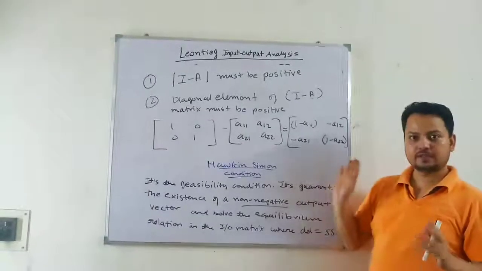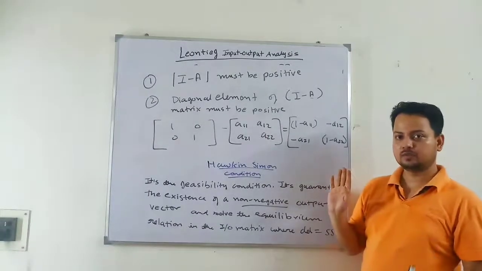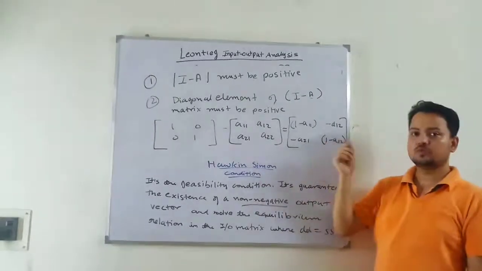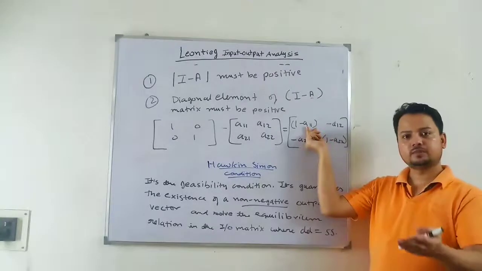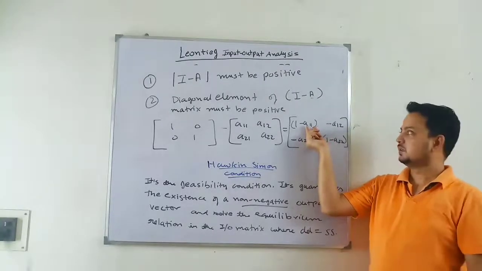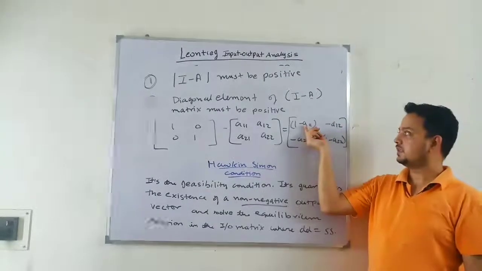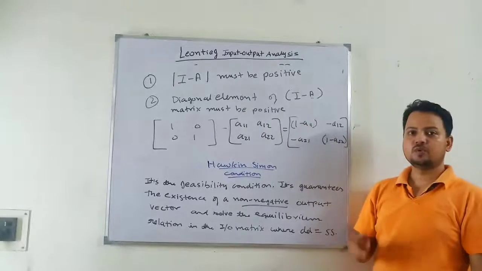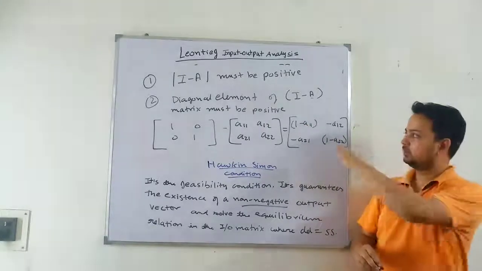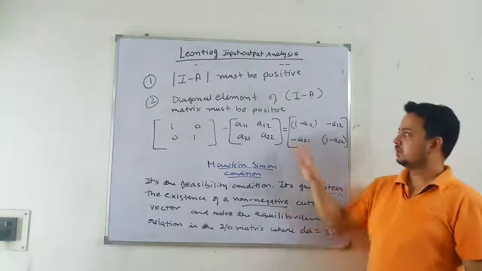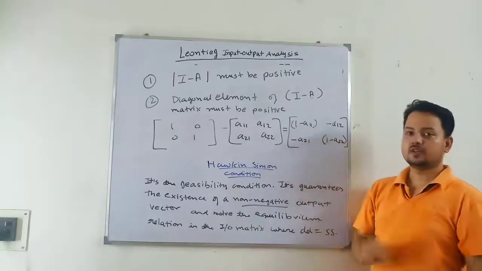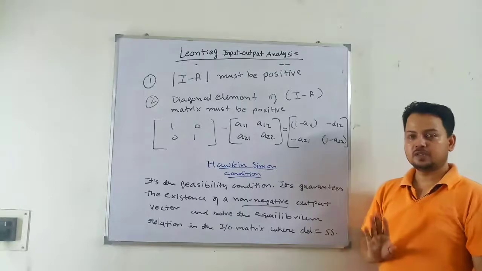There is a chance that you will get negative output. In order to produce 1 unit of output, how much input do you require from industry 1? If you are taking more than 1 unit, this will be negative, so there is a chance that you will get negative output. This condition says that these diagonal elements must be positive.